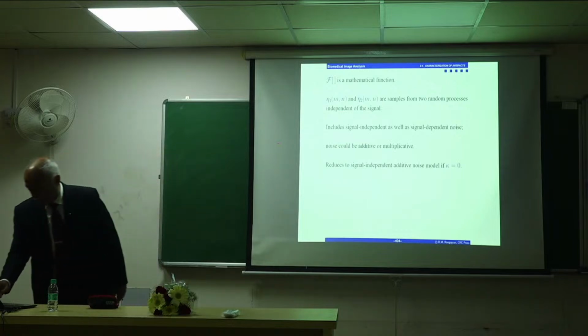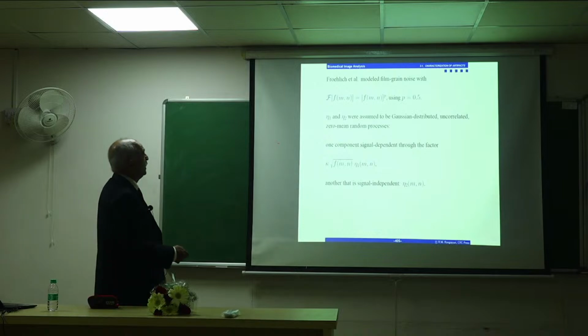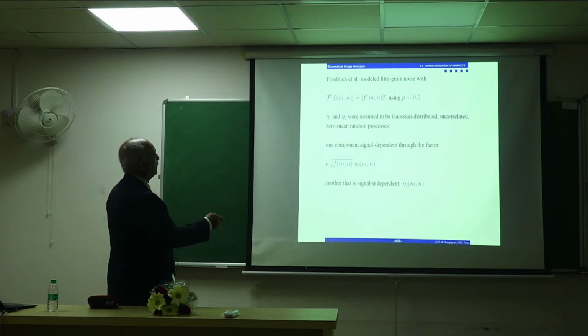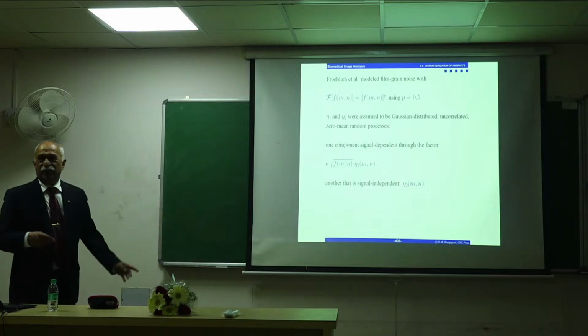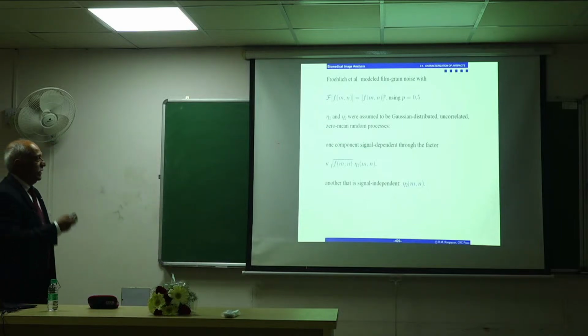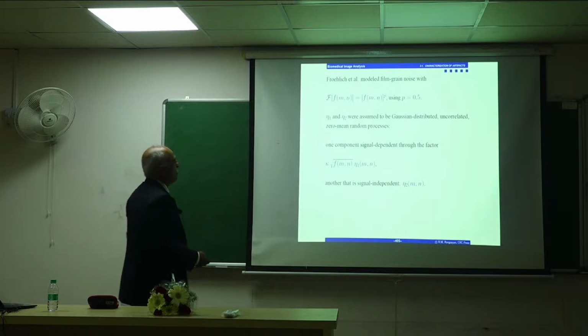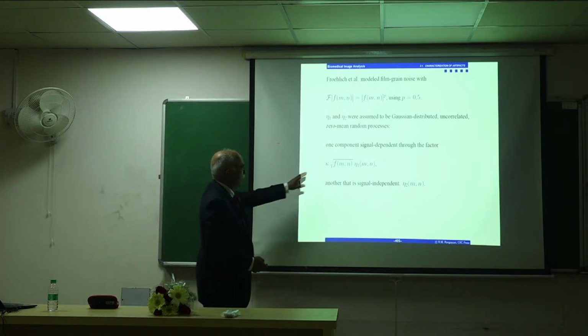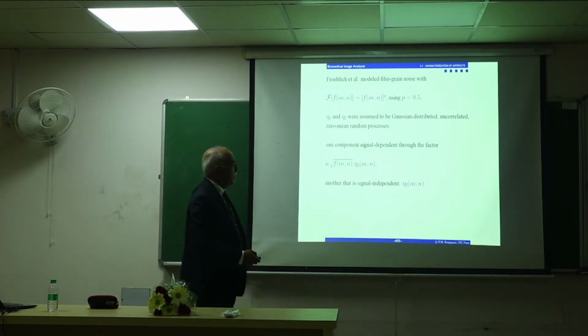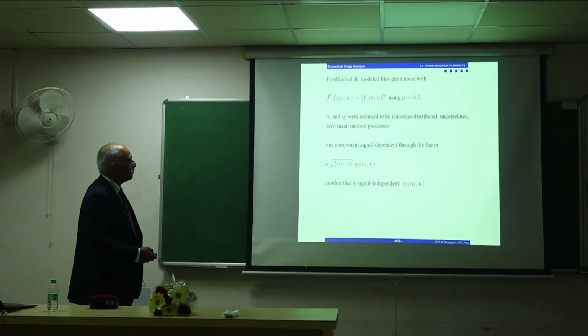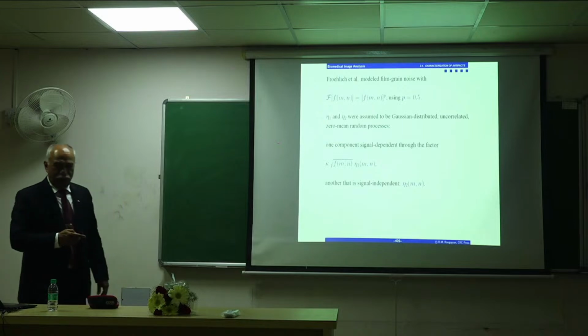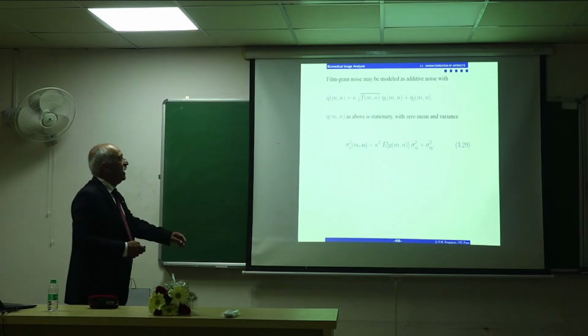I already mentioned that. One of the assumptions is to use a square root, f(m,n) to the power of p, with p equal to 0.5, so it's square root. That's a commonly used model. So kappa square root f(m,n) times eta 1, multiplicative and signal dependent. So this causes some complications.